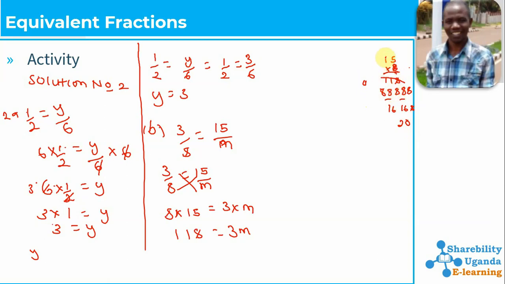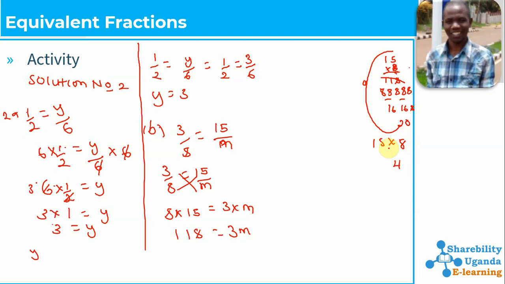Okay, this is our number. We want to multiply this number. What is 15 times 8? We are saying when you multiply our 8 times 5, we get 40.